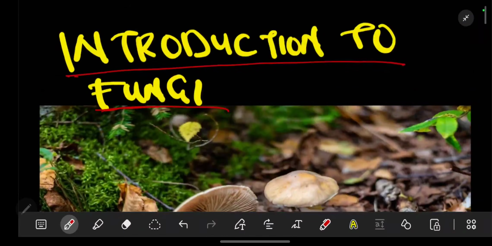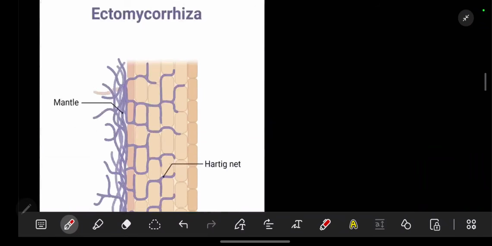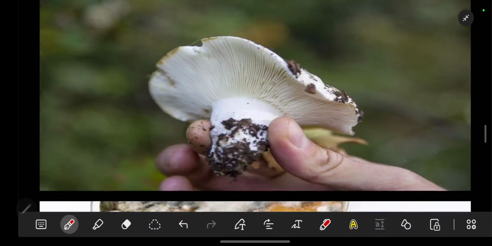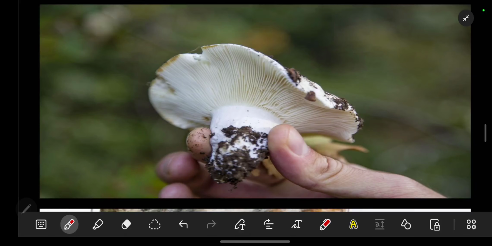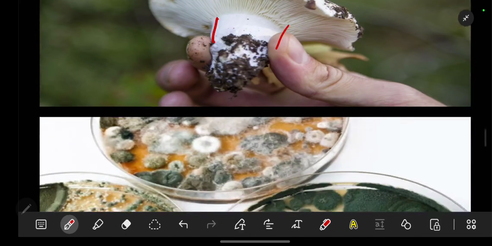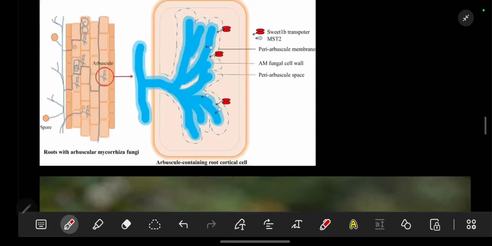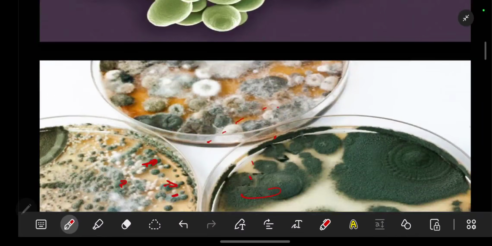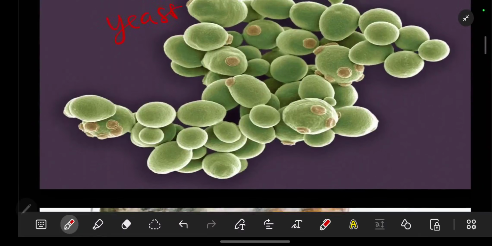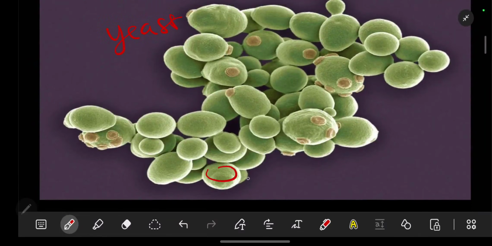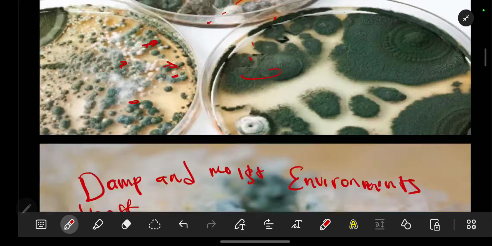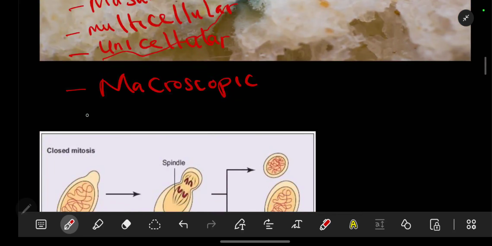For example, if you see this person holding a mushroom, it is huge, so that is macro. Others are microscopic, I just don't have the image. There are others that are microscopic, you cannot even see them properly. So it is either macroscopic or microscopic. Macro means big, microscopic means small.